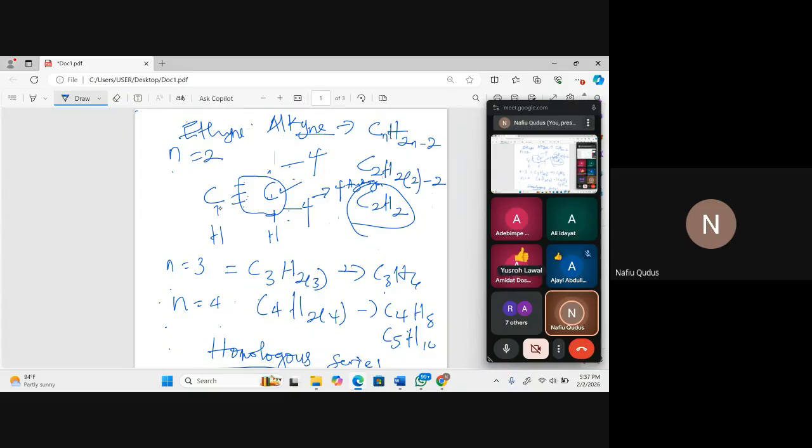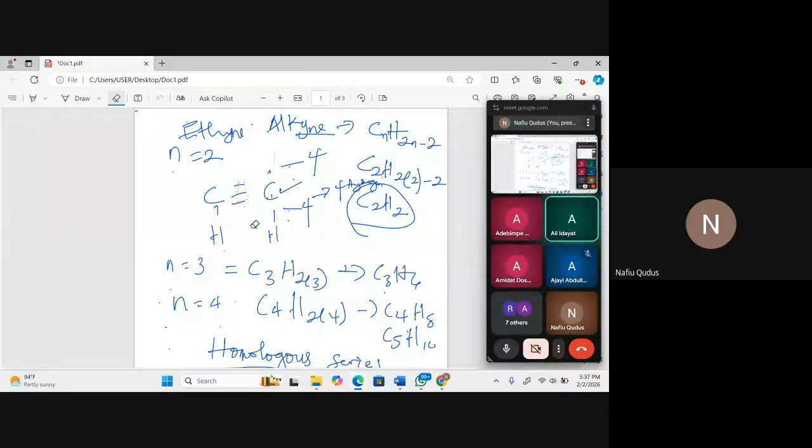Now this carbon as well, here we have 1, 2, 3, 4. So that shows that these 2 carbons are sharing this triple bond. That's why we said the bonds that must surround the carbon must be 4.